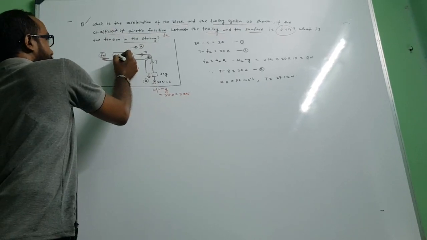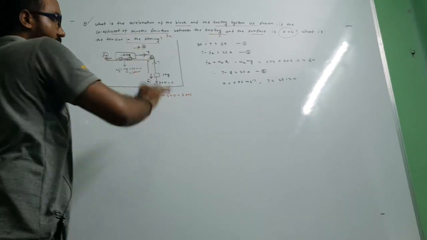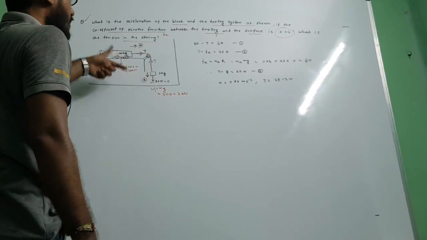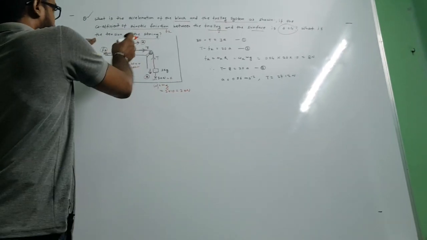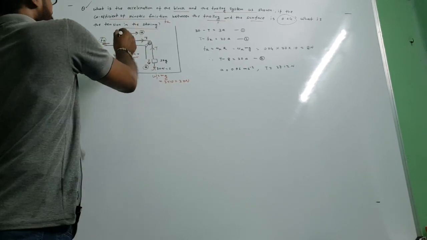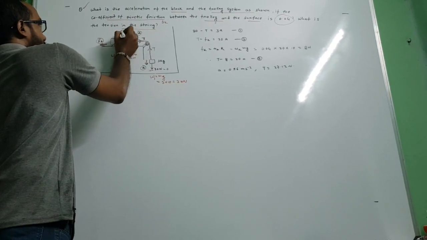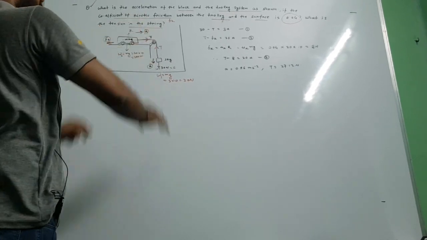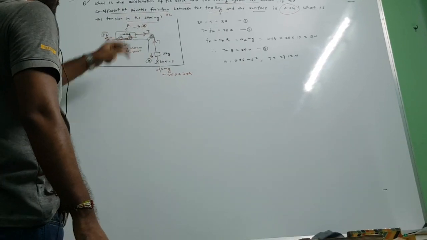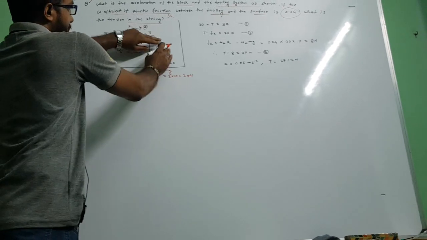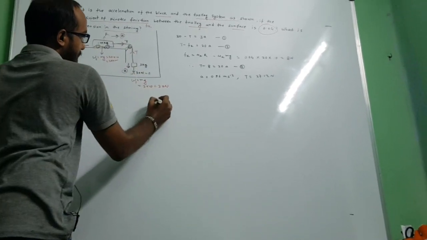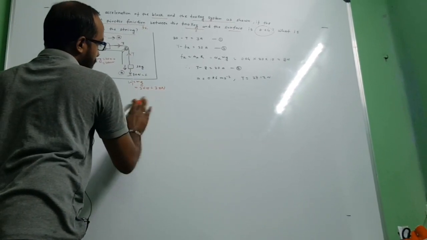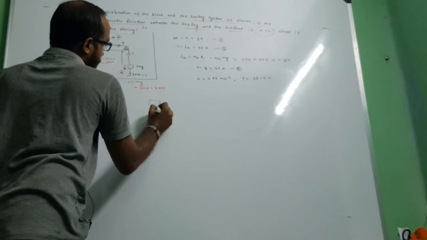We will not take separate reactions because it has 4 wheels; we will take the 4 wheels' reaction forces together as one reaction force, that is R. Now this is the basic diagram. You have to redraw it. I am showing one diagram, you have to draw the other one by yourself.